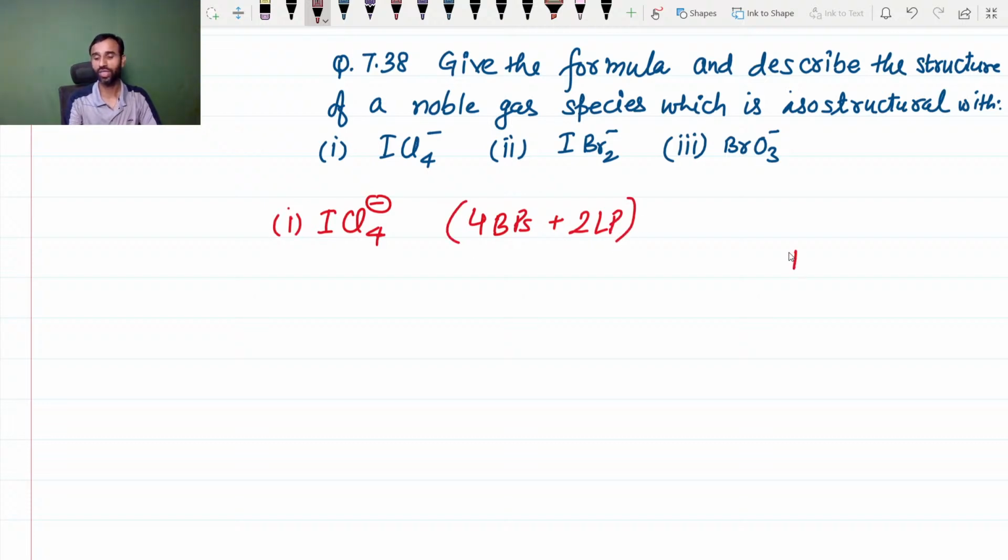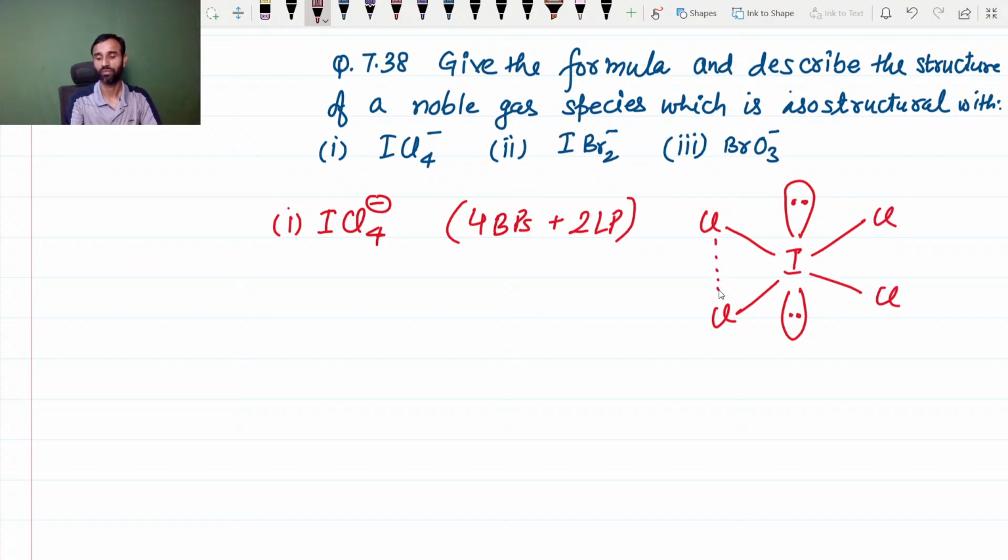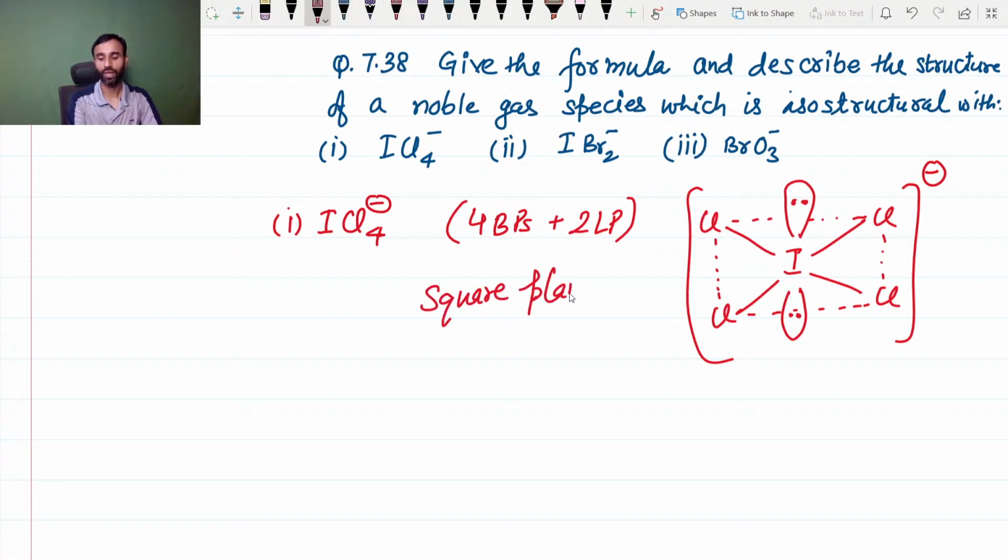So if we arrange them, it is like this. So it has a square planar structure.